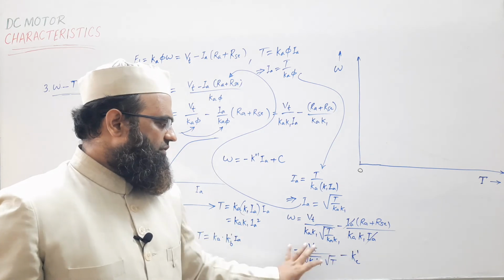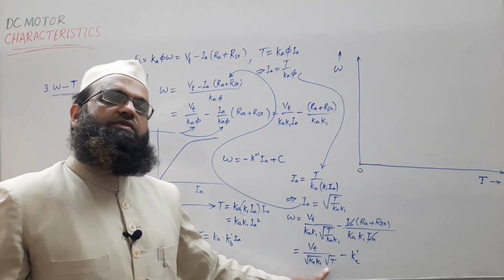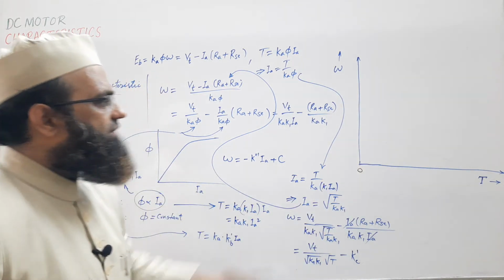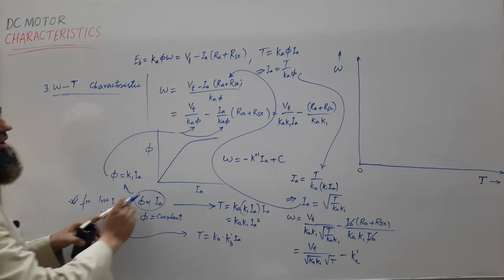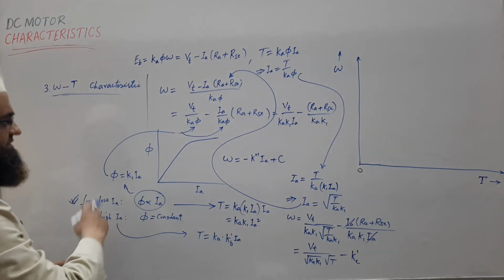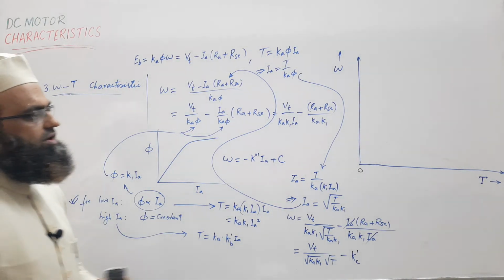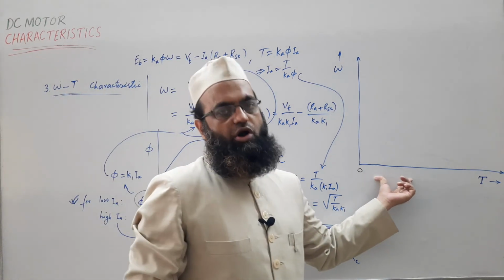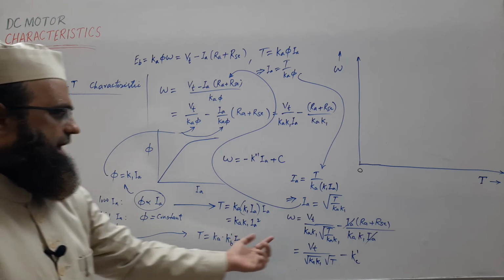So again the nature will be similar to that of speed versus armature current. For a lower value of Ia, if Ia is low, it means torque will be low. When Ia is high, torque will be high, and vice versa. So for a lower value of torque, Ia is low, and for a lower value of Ia, we have this relation.